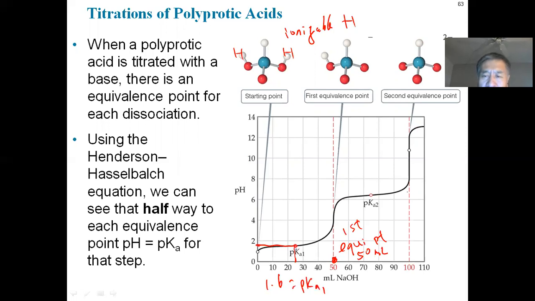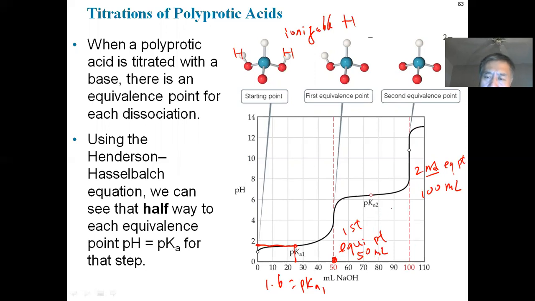And then the second equivalent point here is 100 mL.